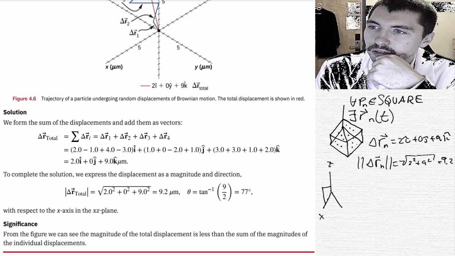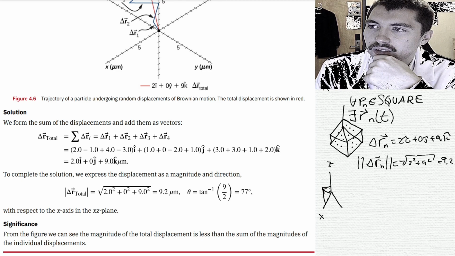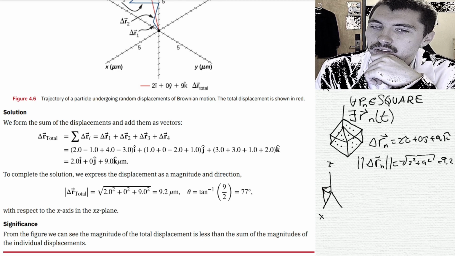Okay, so to find the angle of this, you are taking opposite over adjacent. So we know this is 9.